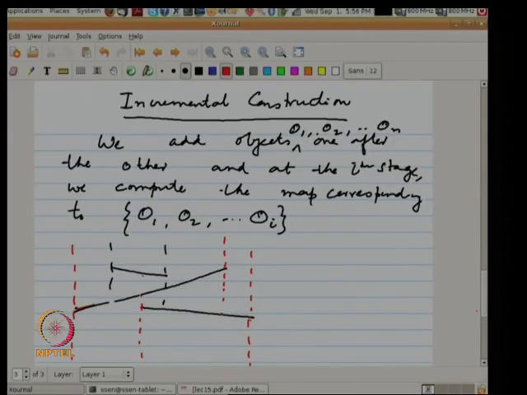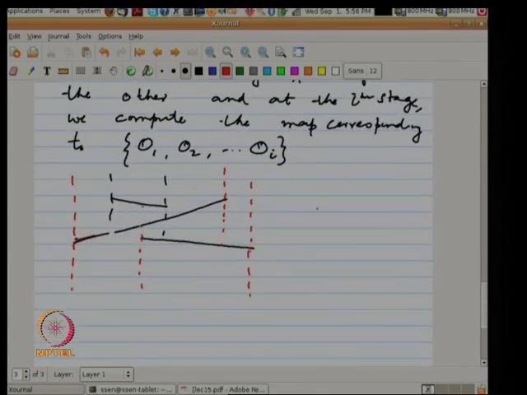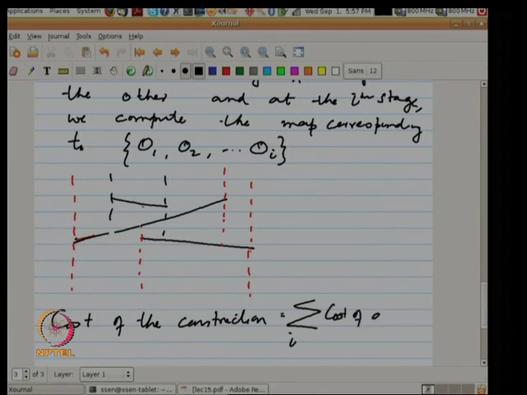So, essentially the cost of this construction is nothing but summation over i, cost of adding the ith object.